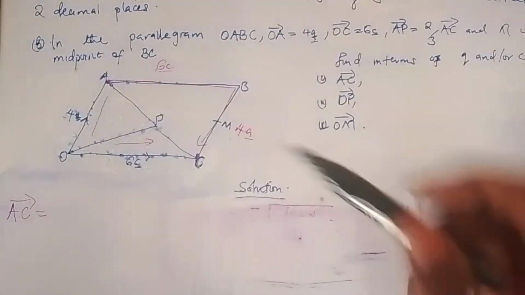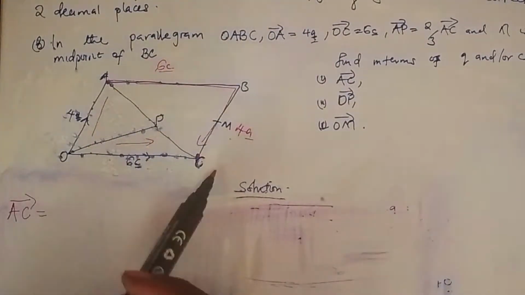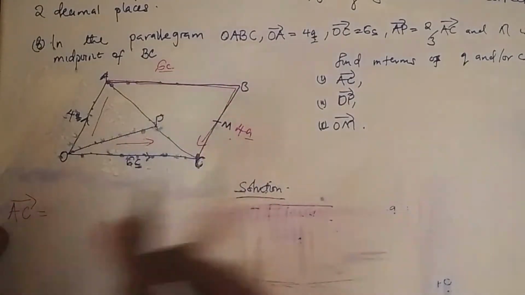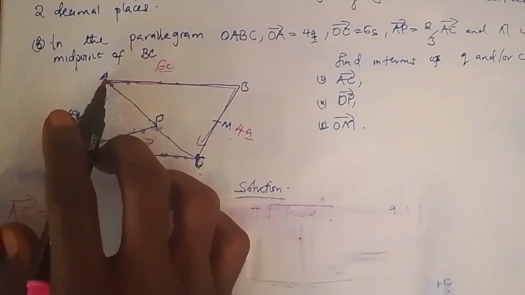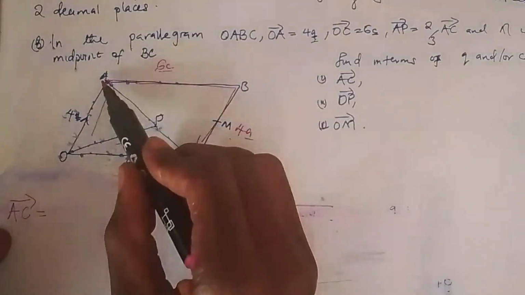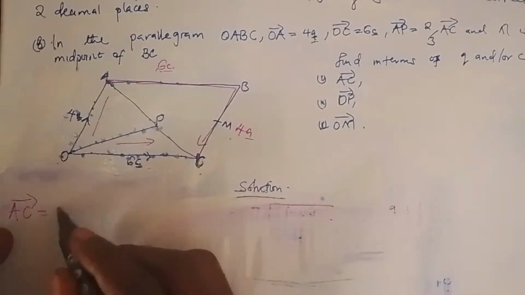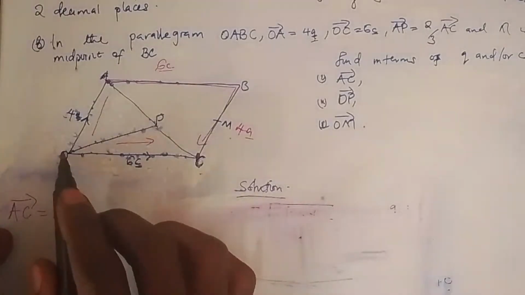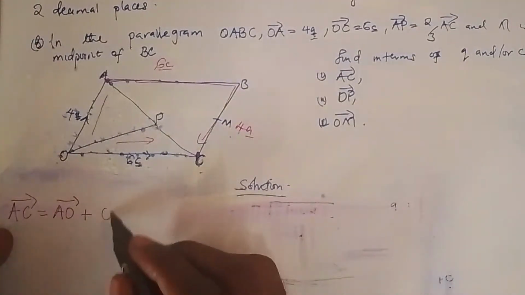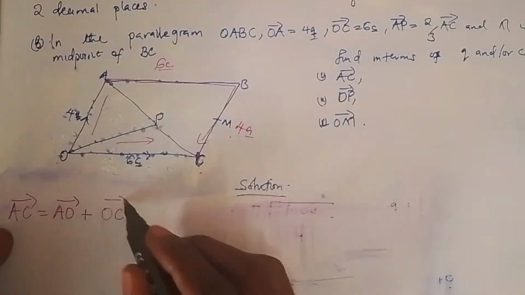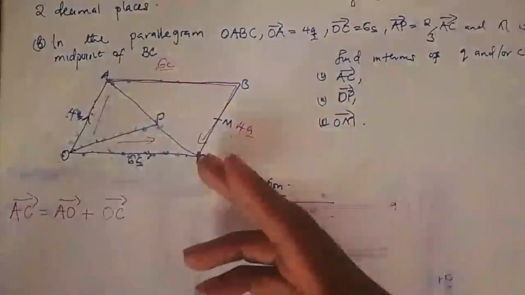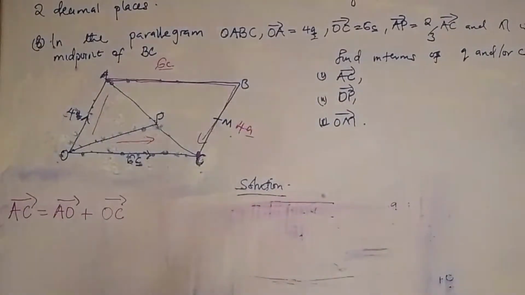The letters, we are going to use this route. So you say, for us to get to vector AC from A, we are going to move what? From A to O, then from O to C. So if we move like this, meaning we are going to reach our point, which is AC.